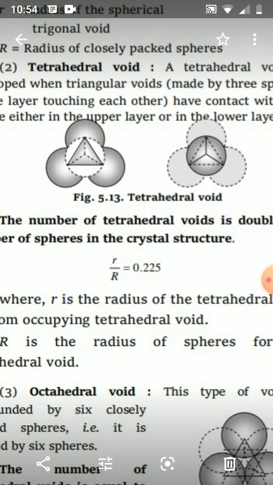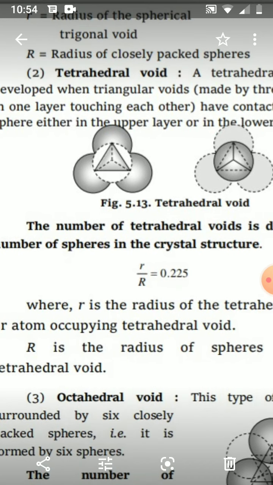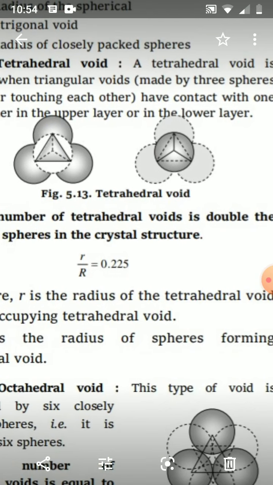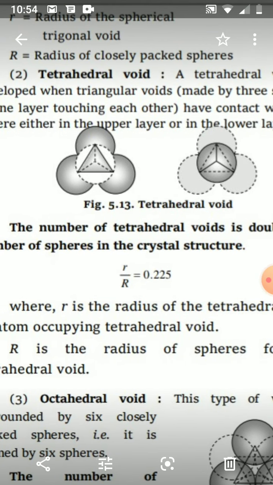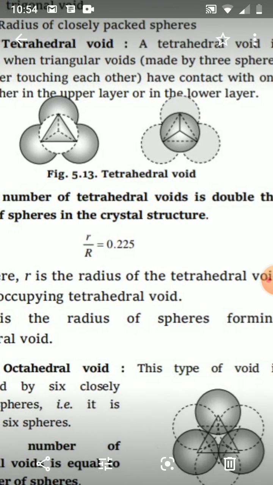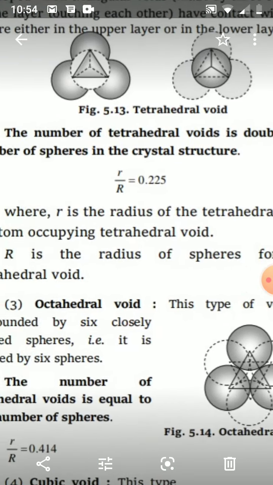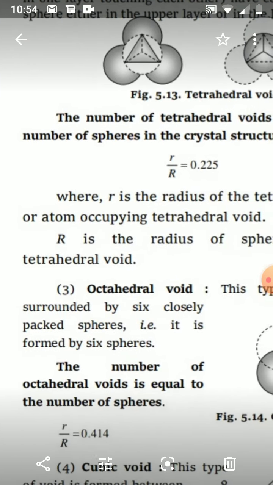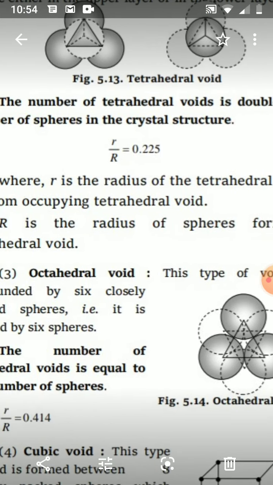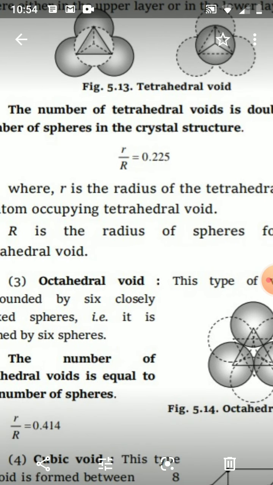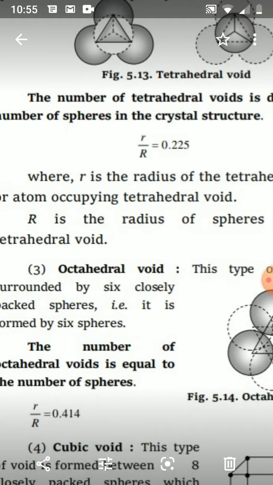This is tetrahedral void, and small r here is the radius of the tetrahedral void, and capital R is the radius of the sphere. So this is the relation r is equal to 0.225 R. Okay, if sometimes the radius of particle is given, you can identify the radius of tetrahedral void or its size.